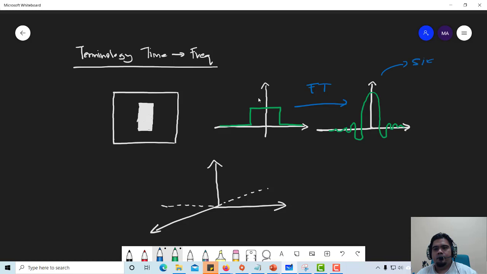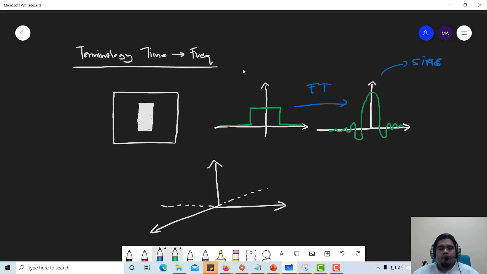You can refer to any material related to the frequency domain. You will see that any square function like this, when converted into the frequency domain using the Fourier transform, gives this kind of wave or shape, called a sinc function.